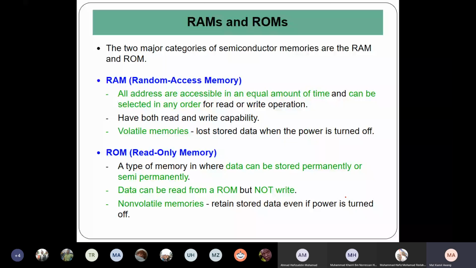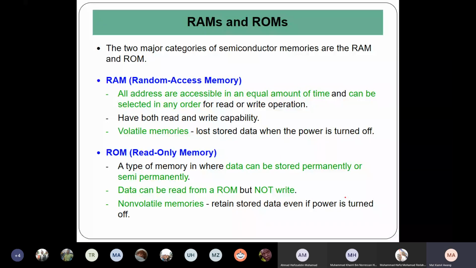Another one is ROM. It's the read-only memory. This is a type of memory where data can be stored permanently or semi-permanently. Data can be read from a ROM but not written. Basically, you store once, then you just read from it. So normally, what you have in your notebook or your computer, your operating system or boot sector is in a ROM.